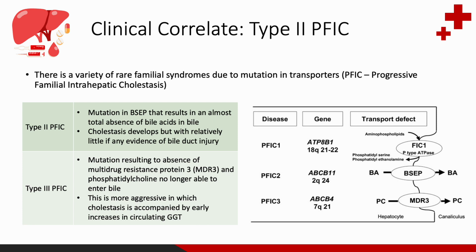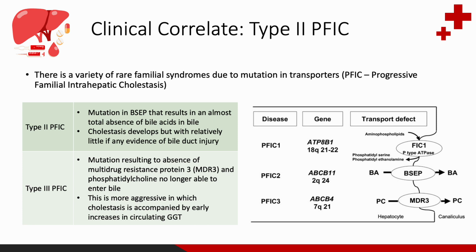With regards to transporters, there is a variety of rare familial syndromes involving their mutations. Type 2 progressive familial intrahepatic cholestasis, or PFIC, is the mutation in BSEP that results in an almost total absence of bile acids in the bile. Cholestasis develops, but with relatively little, if any, evidence of bile duct injury.